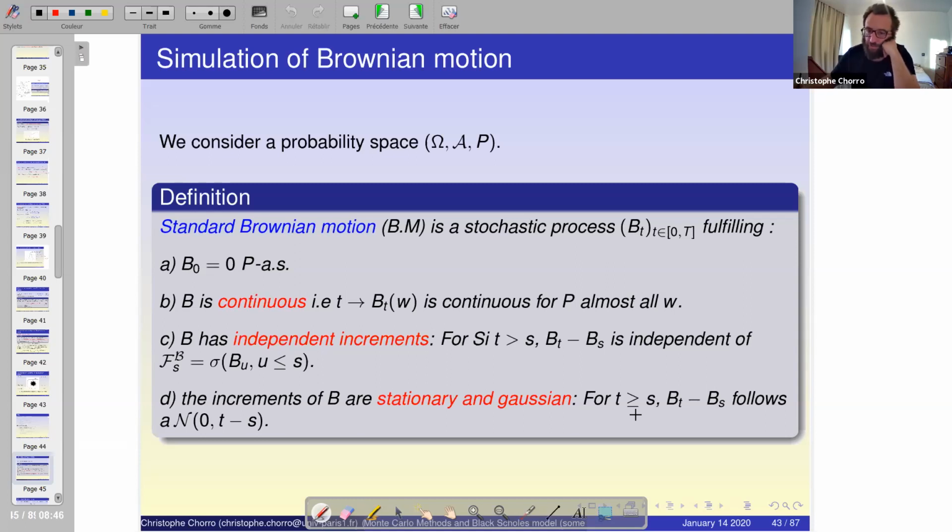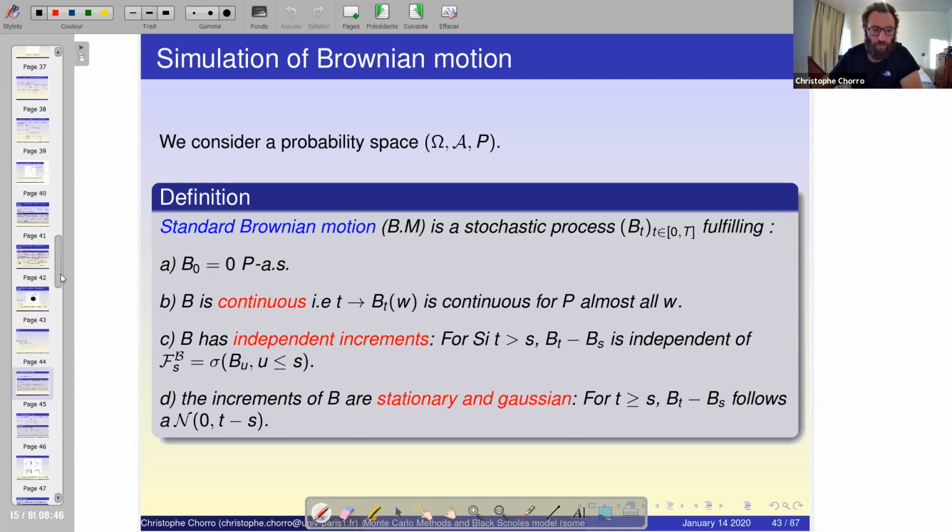More precisely, B_t minus B_s follows N(0, t minus s) for t greater than s. The independence of the increments means that B_t minus B_s is independent of the filtration generated by the Brownian motion up to time s, that is, of what happened before s.